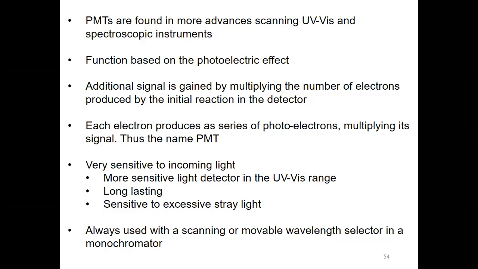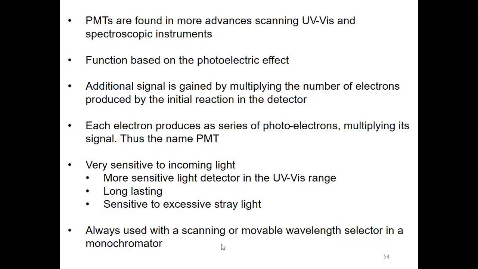So the sample is in a closed area, and it would be better if we keep this instrument away from direct sunlight, because these photomultiplier tubes are sensitive to stray light, which is unwanted light. So that is one of the disadvantages of the PMTs.